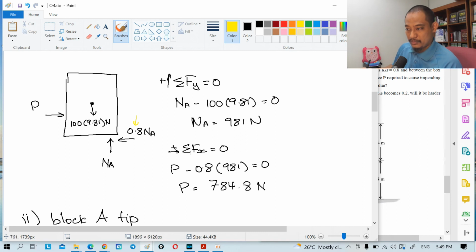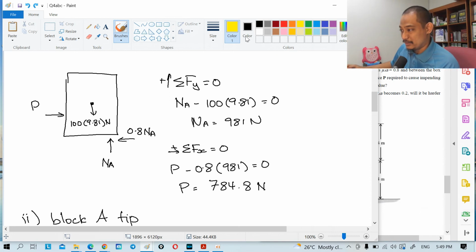So if this actually becomes 0.2, meaning that the whole thing will reduce, right? The maximum friction will reduce. Meaning it will become easier for it to slide, because the friction can go only to a certain, much lower value. So you just push, it's easier to move, right?